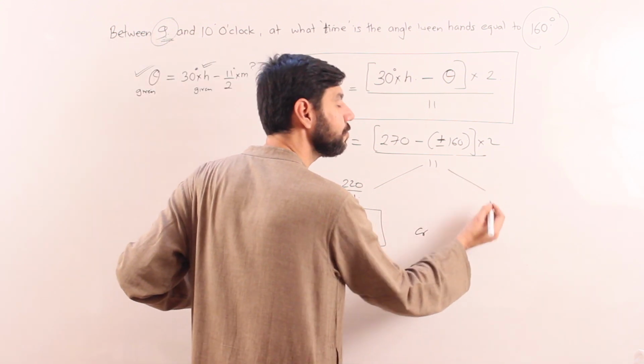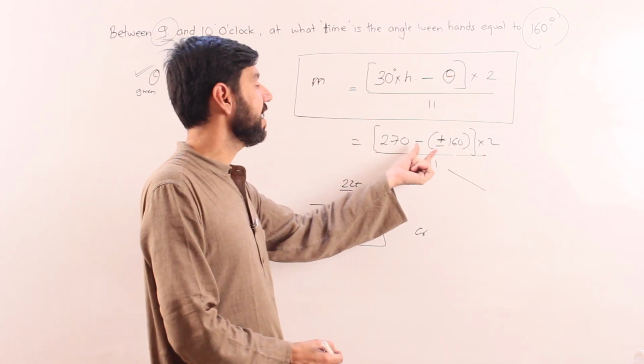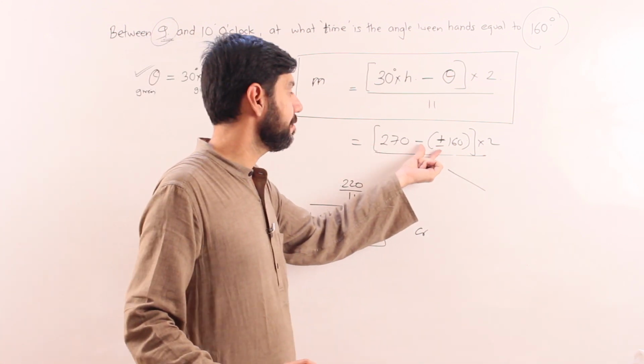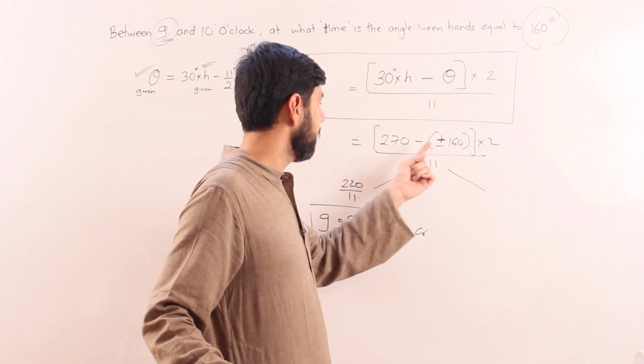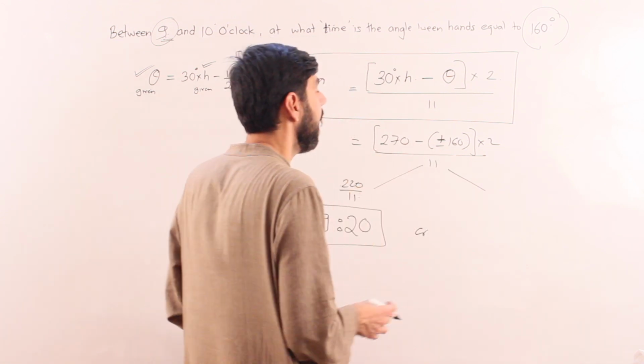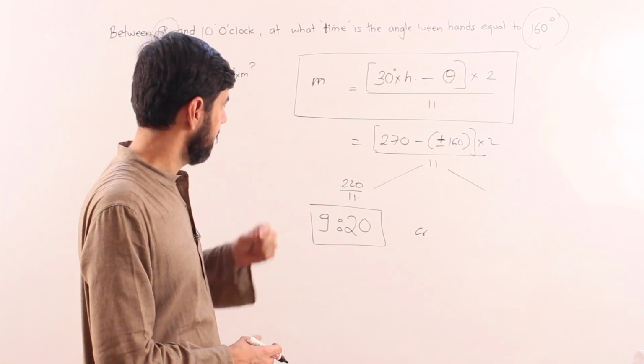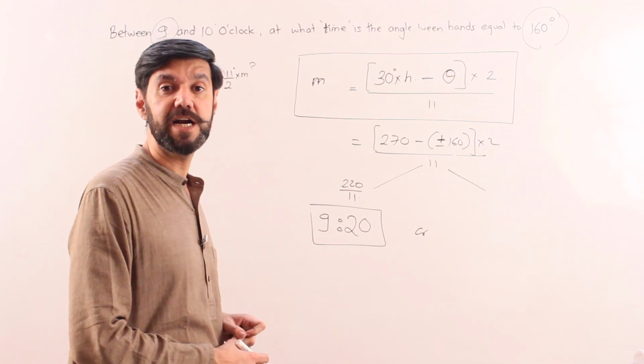But when we go to the other branch, 270 minus of minus will become a plus. 430. Let me check that once again. Yes, 430.